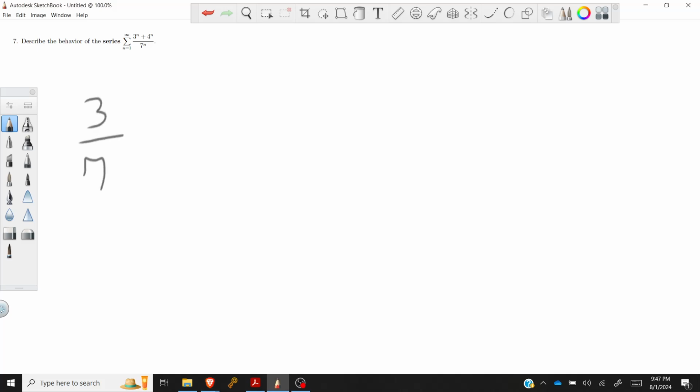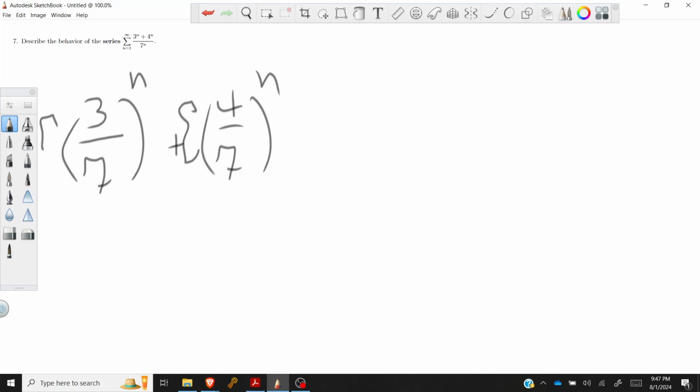So let's rewrite this again. This is going to be 3 over 7 to the n plus 4 over 7 to the n. And they both have this summation here starting at n equals 1. The first one, r, is going to equal 3 over 7. And when we plug 1 into this series, our a value is going to be equal to 3 over 7.